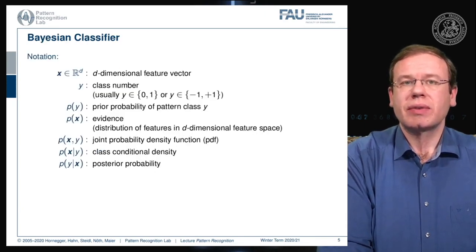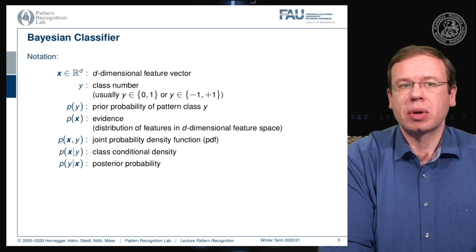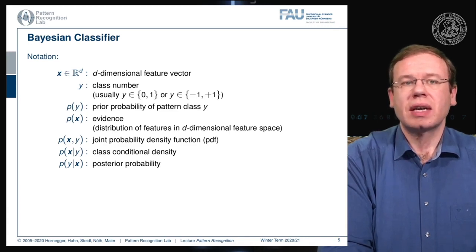So generally we will use here the vector x that is in a d-dimensional feature space, and the vector is typically associated to some class number. So you could either assign it to 0 or 1, so this is a two-class problem, but you could also indicate classes with -1 and +1.